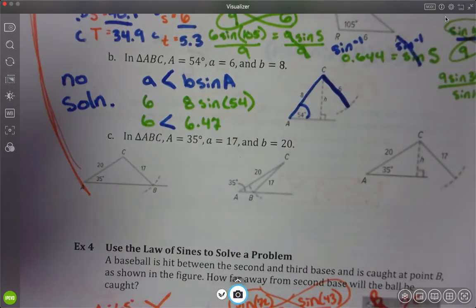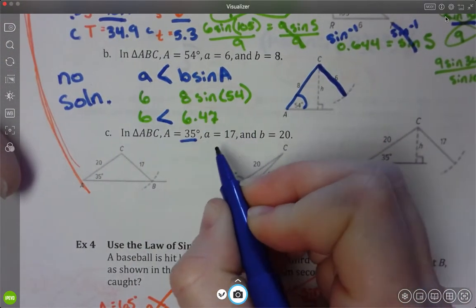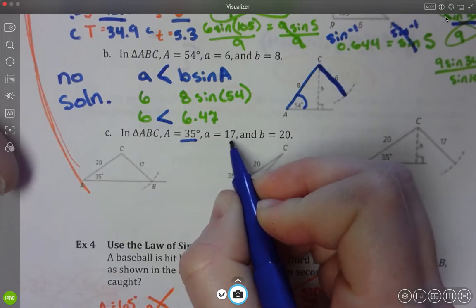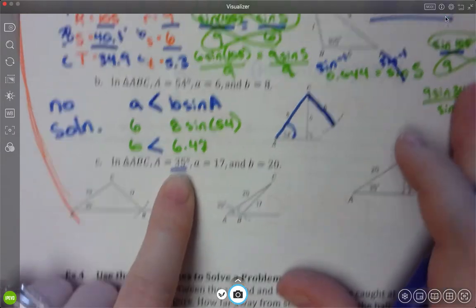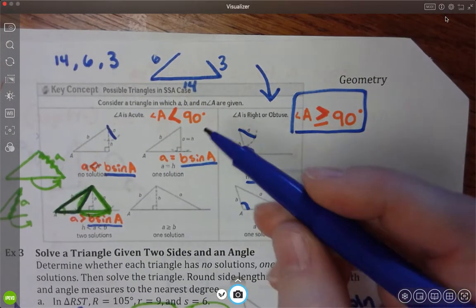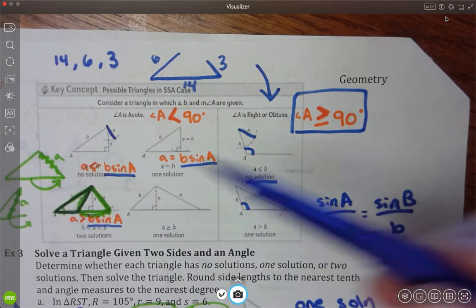Okay, and in C, I have A is 35 degrees, lowercase a, the side opposite, is 17, and then B is 20, okay? So I'm looking at the hard side again because A is 35 degrees, so we're looking at this scenario over here rather than this one.